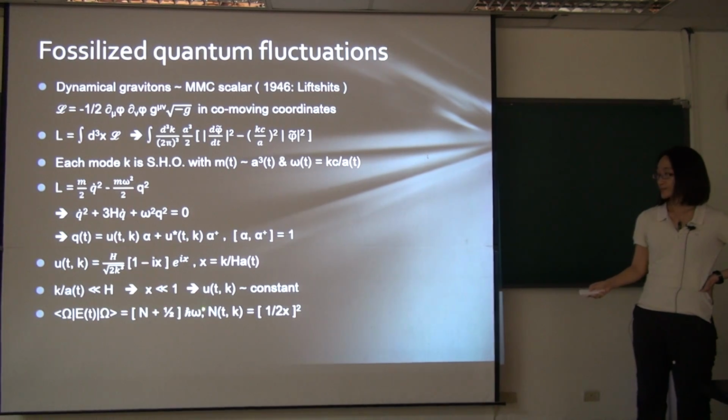So in flat spacetime, you only get this part, one half h bar omega. This is the zero-point energy. However, during the inflation, you have an extra piece, this n, which we call the occupation number. The occupation number becomes significant when x is roughly equal to 1, and it can become very big when x is much less than 1. What is x? You can see this is the physical momentum in terms of the Hubble parameter.